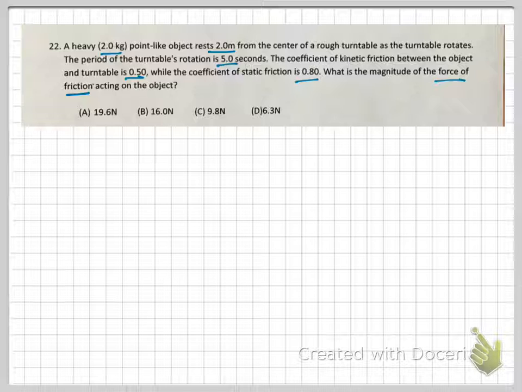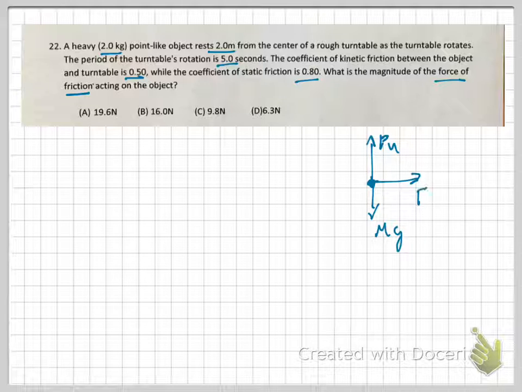All right, so let's draw a free body diagram. So here's the point-like object. We know its weight is directed down, its normal force is directed up, and we have a static frictional force pointed toward the center, in the same direction as the acceleration, as long as it's rotating.